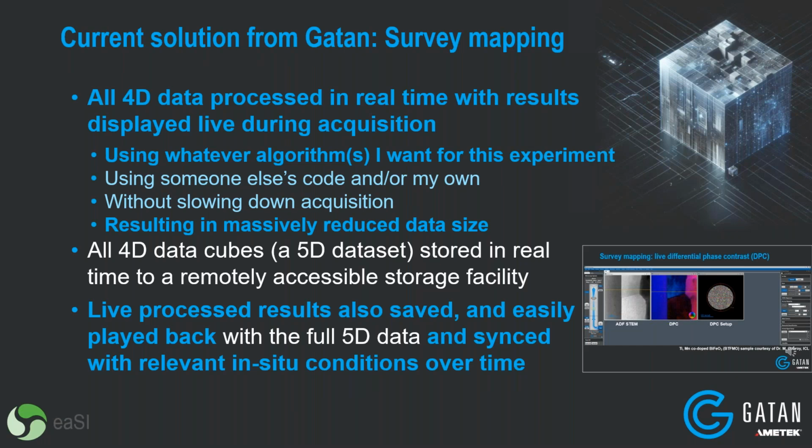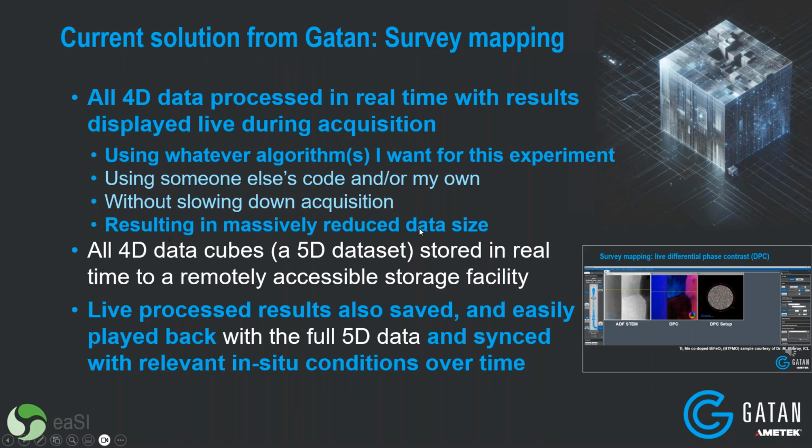There's a large number of factors that influence whether you can process all the data without slowing down the acquisition. So I'll color that in a different blue color, but sometimes this can be true.